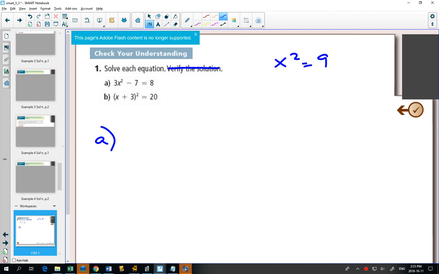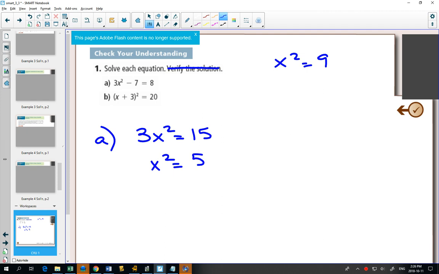So for example, in 3x squared minus 7 equals 8, could I get the x squared all by itself? Yes. I can move the 7 over. I could divide both sides by 3, and I would get the x squared all by itself.